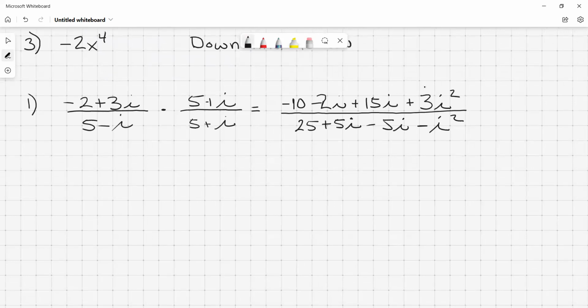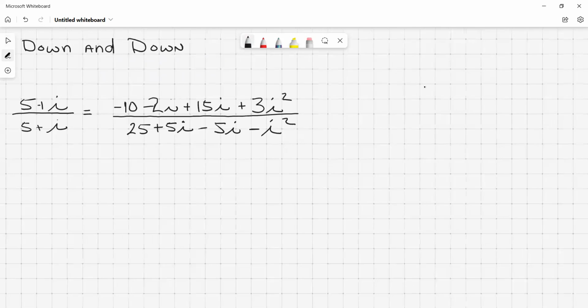So let's see, I'm going to move this over. This numerator becomes negative 10. And then your negative 2i and your positive 15i is positive 13i.